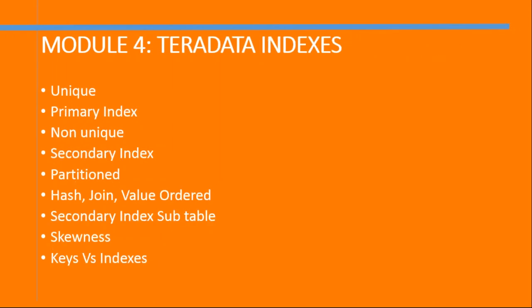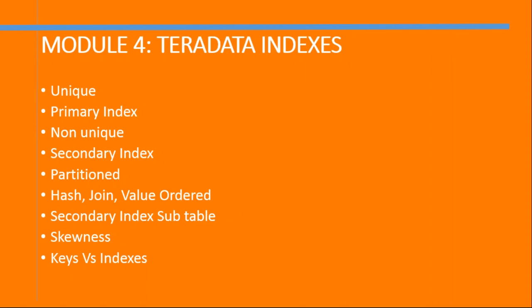Module 4 is Teradata indexes. In the previous module, we looked at how data is physically stored on the disk arrays. Coming to indexes, indexes are nothing but how you logically store your data. There is a difference between a primary key in common data warehousing terminology and a primary index in Teradata terminology.